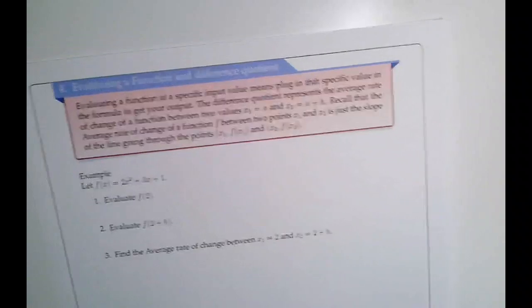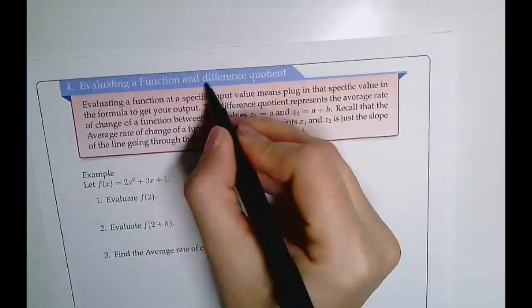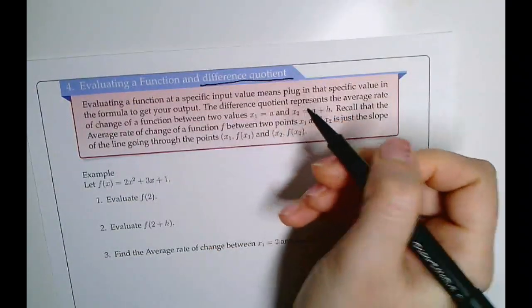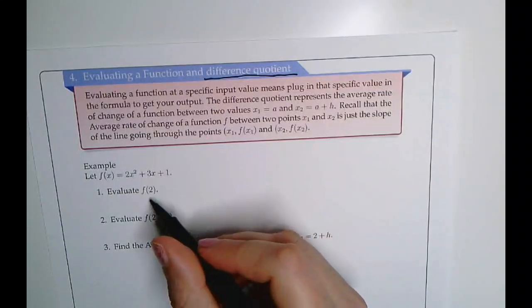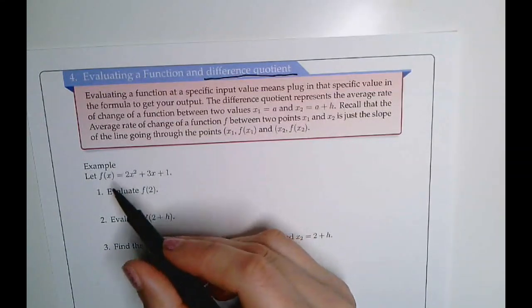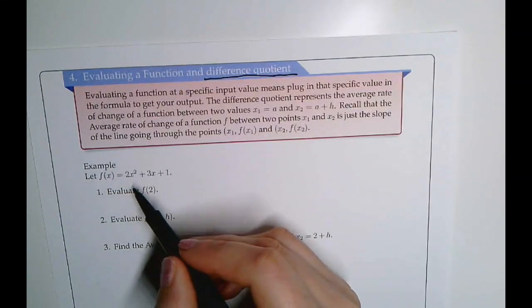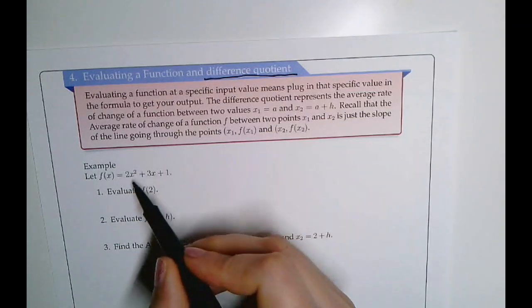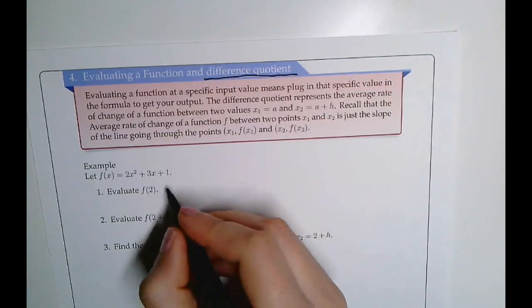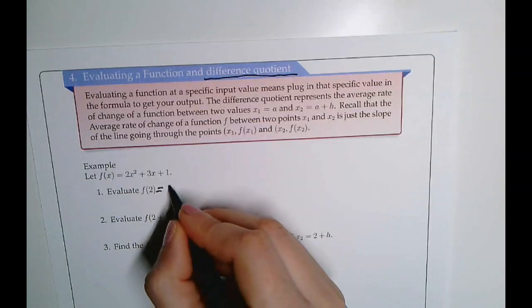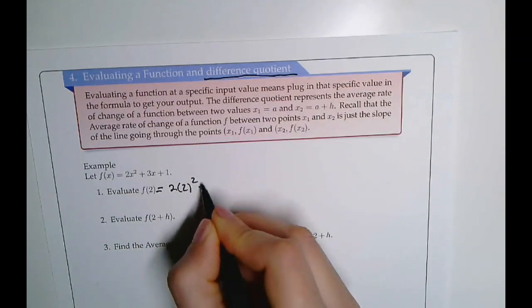Evaluating a function and the difference quotient. So we know that evaluating a function at a certain value just means plugging that value in instead of x. So for example, if I have this function 2x squared plus 3x plus 1, f of 2 is just going to be, instead of x, I'm going to put 2.